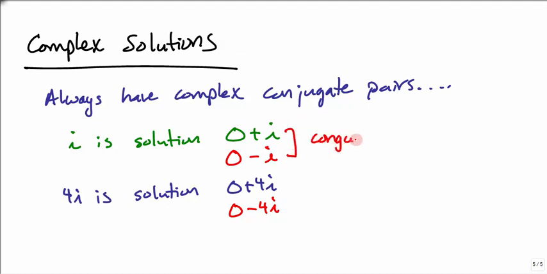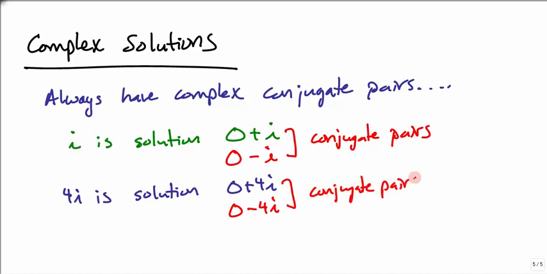So I don't have to be given both of these in order to come up with our solutions. I just have to be given one of them. And once I come up with the second one, then I can start talking about factors. So let's go ahead and look at the idea of conjugate pairs, how that relates as a root to a factor.